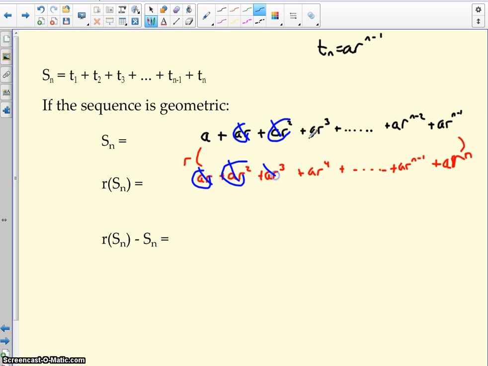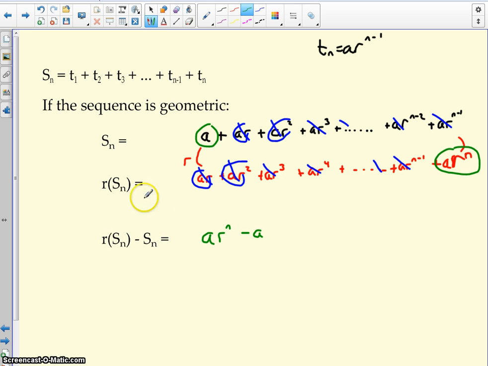In fact, if you keep going, the ar cubes cancel, the ar fourths will cancel. The only things that won't cancel in the end are going to be two terms, this ar to the n and this a. So if we actually do a full subtraction here of the second line minus the first line, all we're left with is a times r to the n minus a.